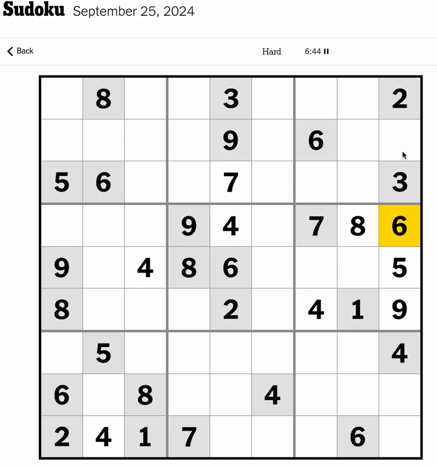6 is here, so 8 and 6. 1, 7, 8 for these 3 cells. Here's 1 and 7, so this one is 8. And in box 2, 8 will be either here or here, because this 8 blocks these 3 cells, this 8 blocks here. So 8 will be here or here.